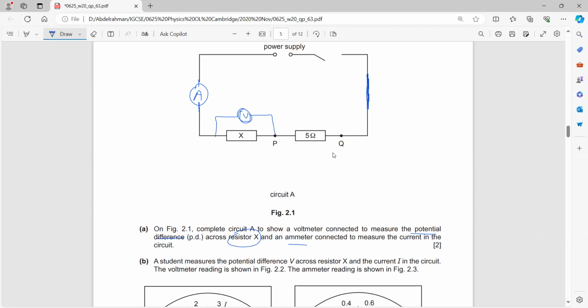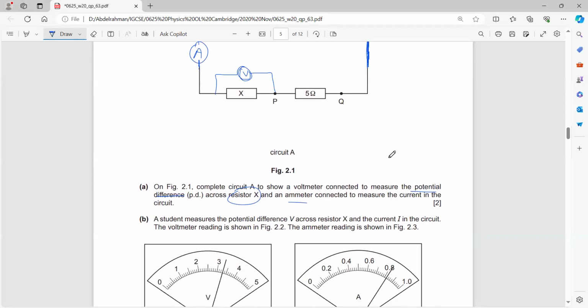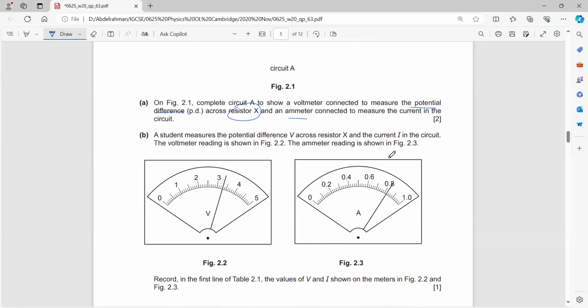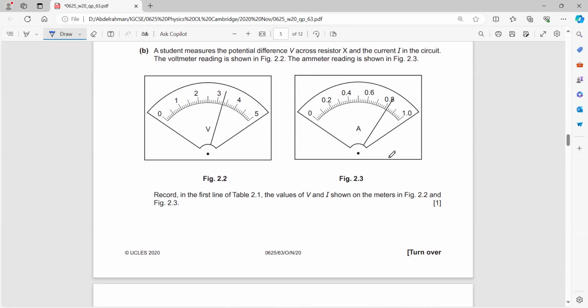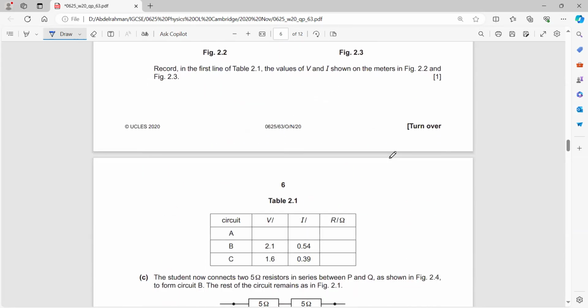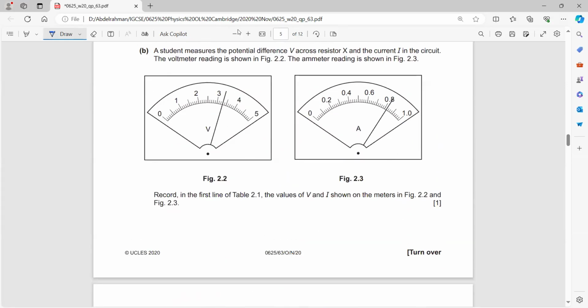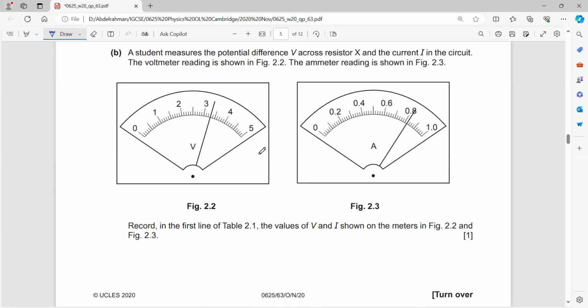A student measures the potential difference V across resistor X and the current I in the circuit. The voltmeter and the ammeter are shown. Record the readings in the table below. What's the reading of the voltage? 3.3.